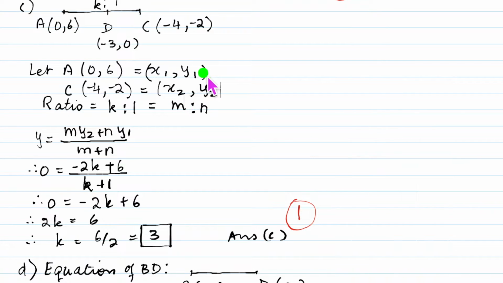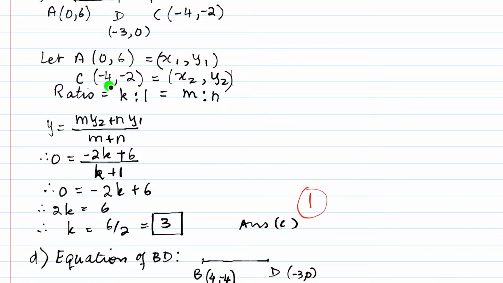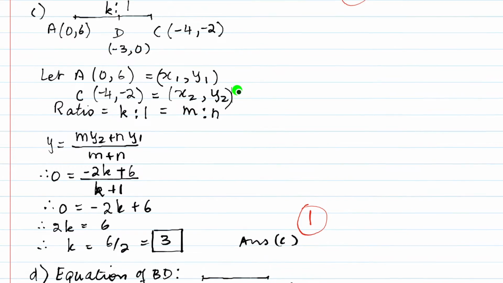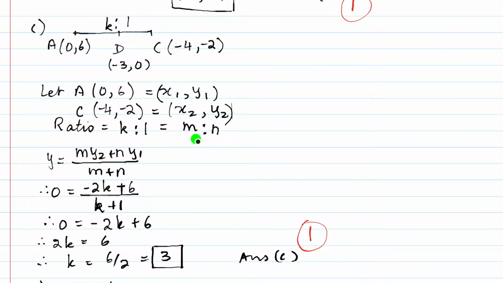So we'll write our assumption here. Let this one be x1, y1, and C (-4, -2) becomes x2, y2. Our ratio k:1 becomes m:n. And now here x coordinate we already know is -3, but y coordinate is 0. Now if we take this 0 as y coordinate and substitute in the formula, then we can get the value of ratio.